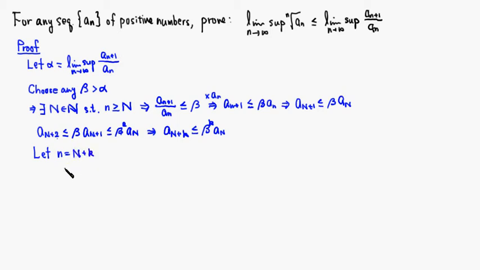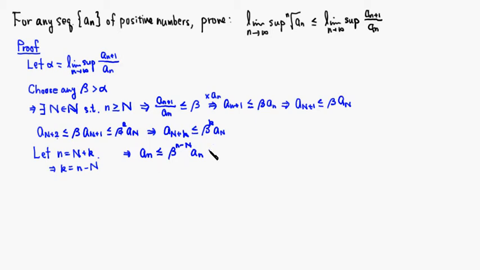Then we can rewrite this: a_n is less than or equal to beta to the k times a_N. And k is equal to n minus capital N, so it's beta to the n minus capital N times a_N.